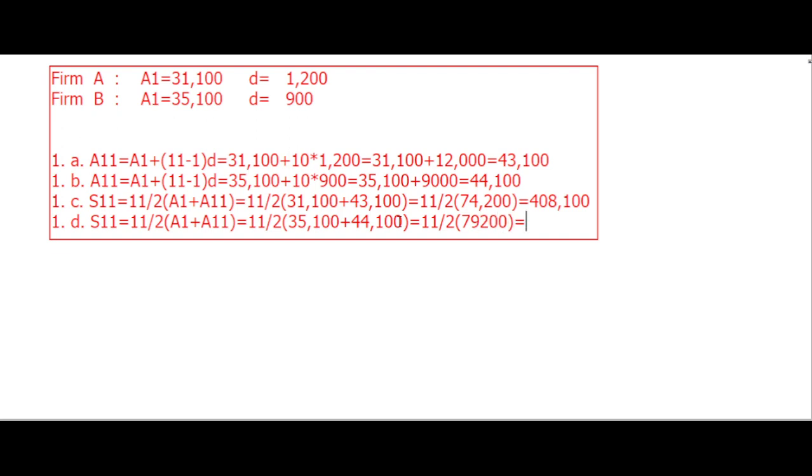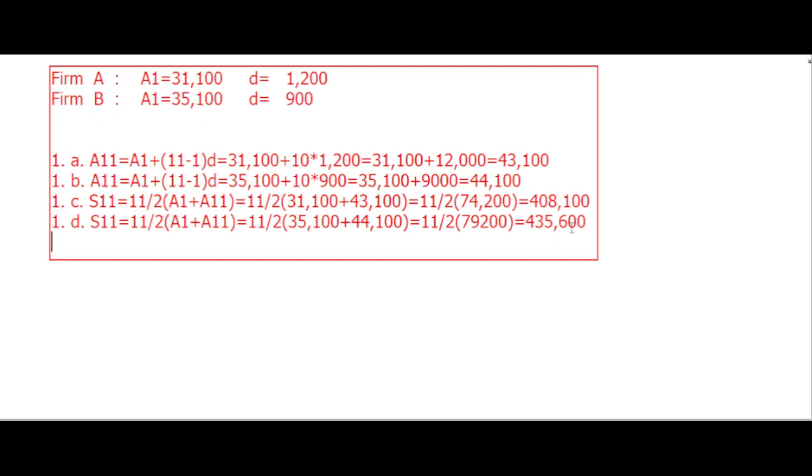Now let's multiply this: 79,200 times 11 divided by 2 is equal to 435,600. This is for firm B. S11, the sum of terms starting from A1 up to A11, will be 435,600.